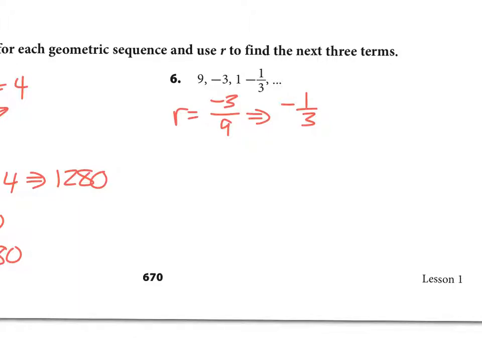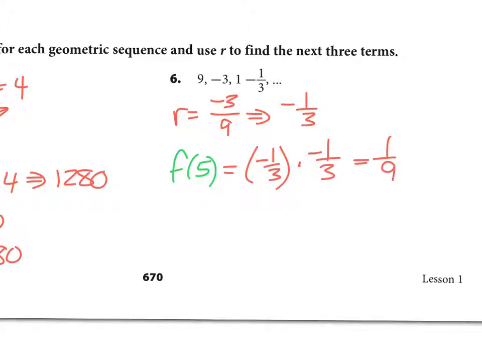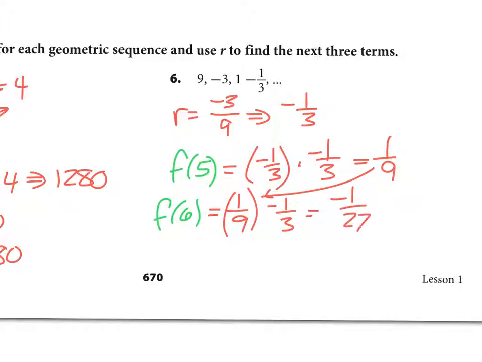They give us the first 4, so to find term number 5, I take the previous term, which was negative 1/3, and multiply that times my r, which is negative 1/3, and that gives me 1/9. Then to get f of 6, I take the previous term, 1/9, multiply it times my r, and now I get negative 1/27.